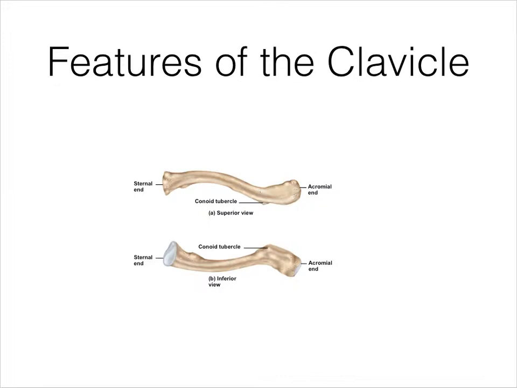So here we have a clavicle, and particularly what I wanted to point out here is the conoid tubercle. All right, so remember that a tubercle is a small rounded process. It's basically like a lump or a hill. And so you can see here that it's not a sharp spiky thing pointing out.